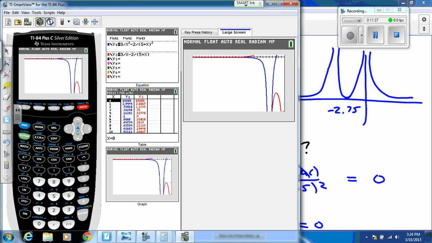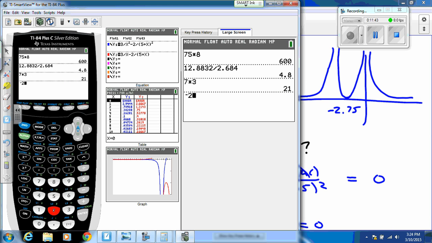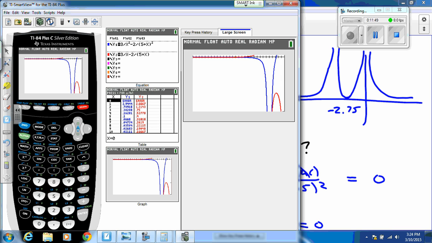If we trace along right here to the point negative 2.75, you can see that right here, the field is zero, just as we predicted. And the voltage, the electric potential, is at a maximum point. In other words, the field is going to be zero when the voltage takes on its maximum.